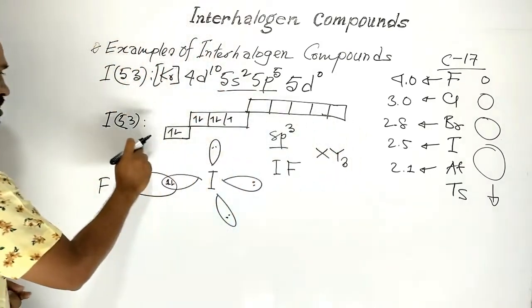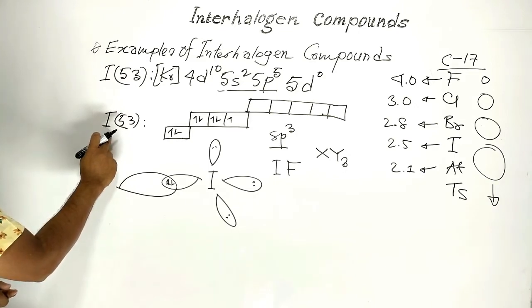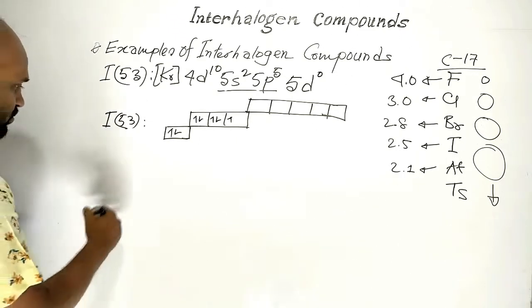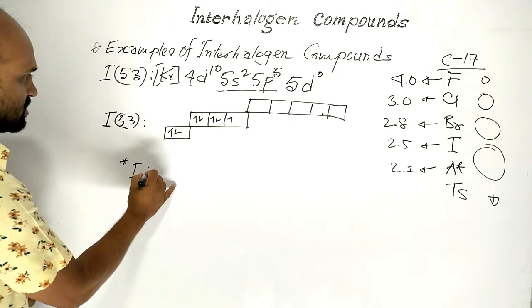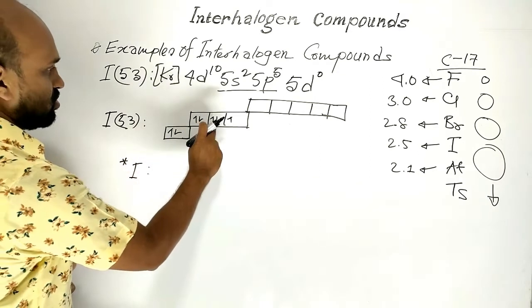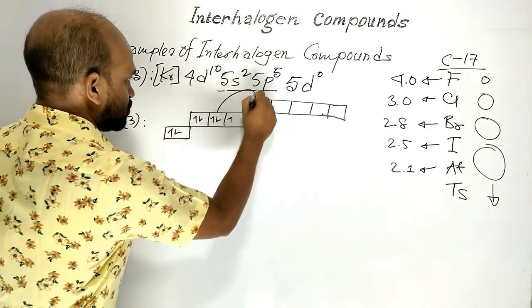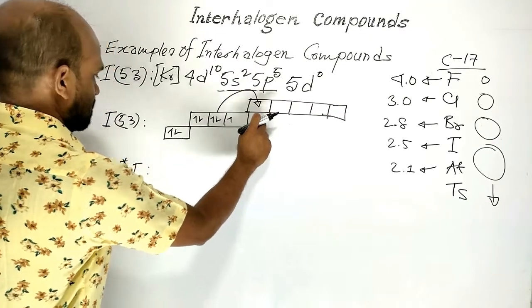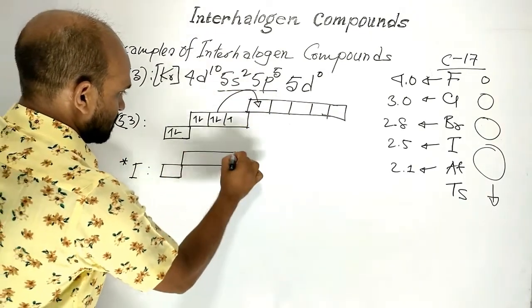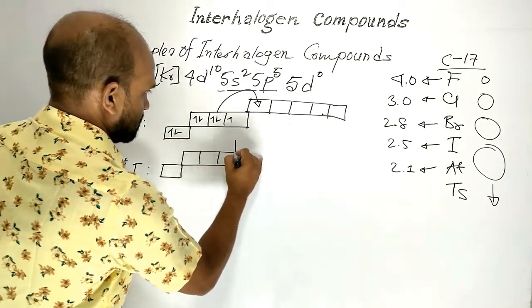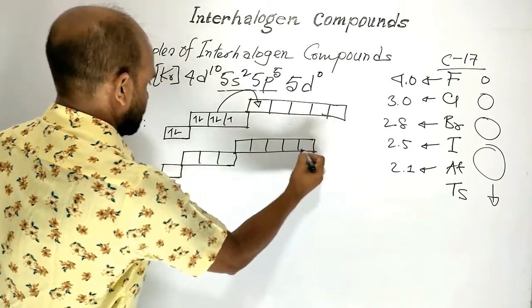Let's see. Now let's see the first excited state of iodine. At this stage, one electron from the 5p orbital shifts to the vacant d orbital. Now the electronic configuration is like this: d has 5 orbitals, 1, 2, 3, 4, 5.